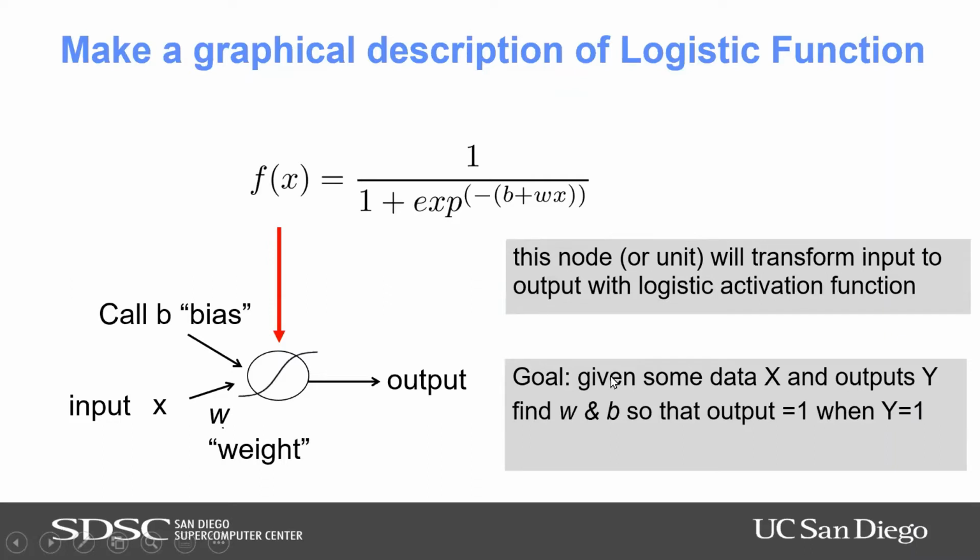And of course, the idea is that given some data, and I didn't tell you what the shape of the data is, how much data, what kind of data, and given that we know what the outputs are, we're going to find parameters so that the output, in this case the logistic function, is going to equal 1 when y equals 1. So in a classification framework, you're outputting, let's say, 0s or 1s. In a regression framework, we might be outputting a real value, and then you wouldn't use a logistic function, you could just use a linear function.